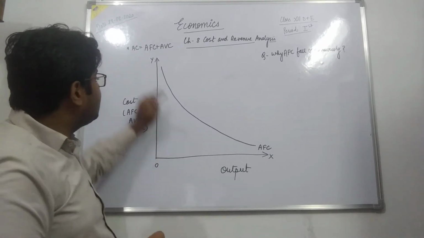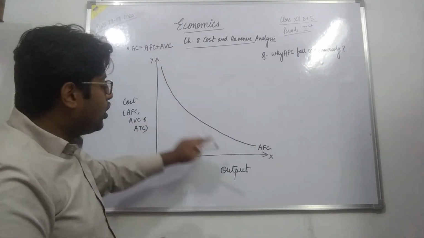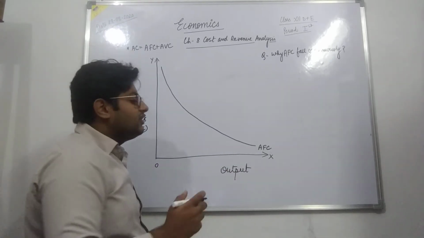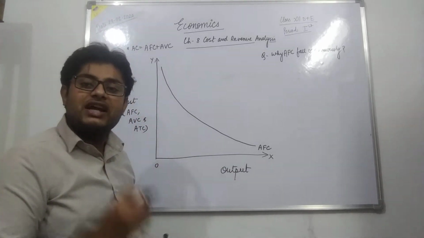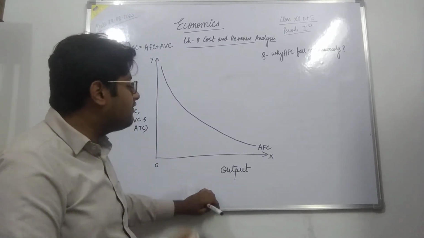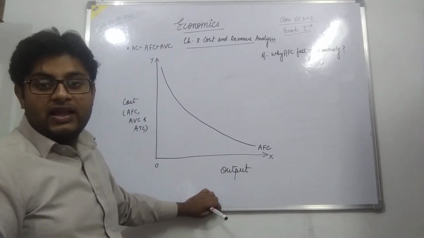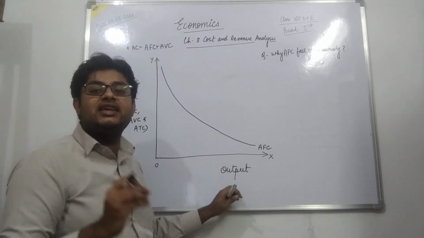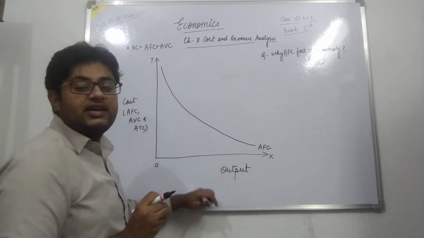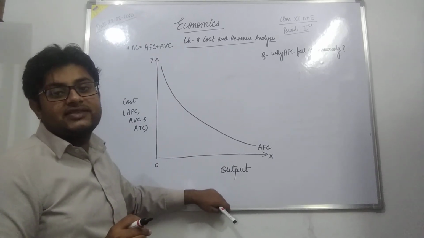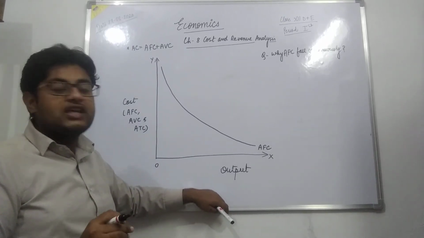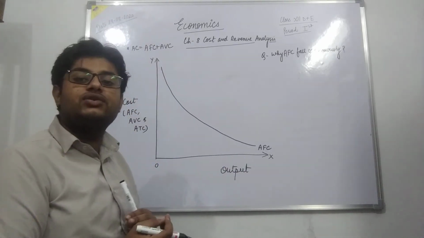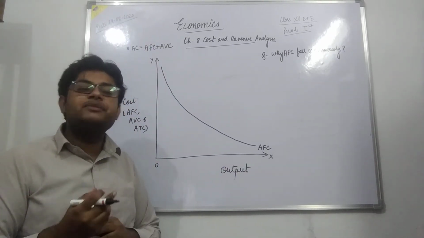It is neither touching the y-axis nor the x-axis. So why is it that the average fixed cost is continuously falling, but will never become zero? As soon as the average fixed cost touches either axis, it will become zero, because I have already told you that any curve, if it passes through any axis, becomes zero.